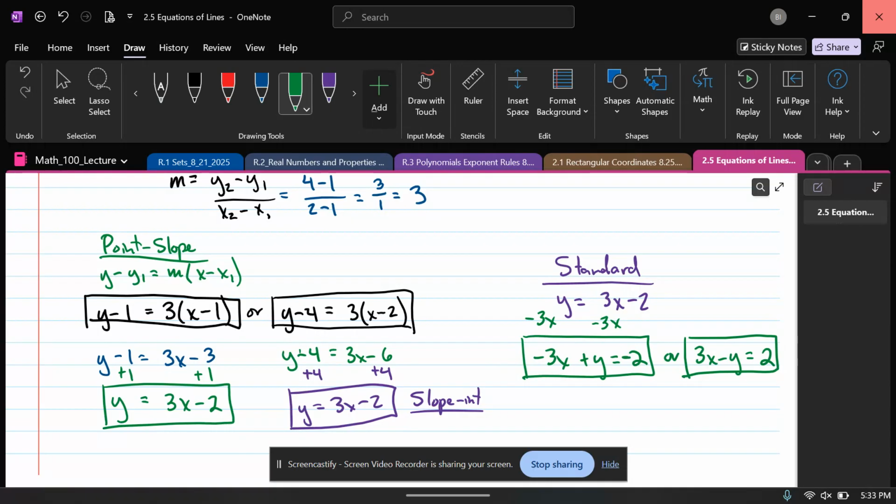There's no fractions or decimals in it. So both of them are correct for standard form, but they just have opposite signs on everybody. And that's absolutely okay. That's probably the part most people gripe a little bit about in math, that there's sometimes more than one answer that's right. Yeah, but they're the same thing, usually.